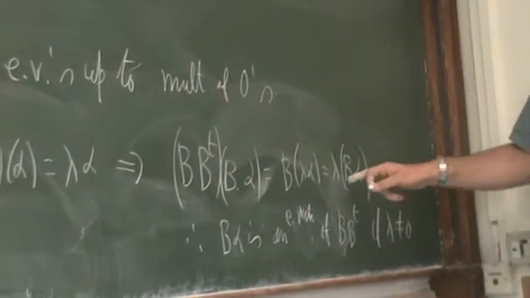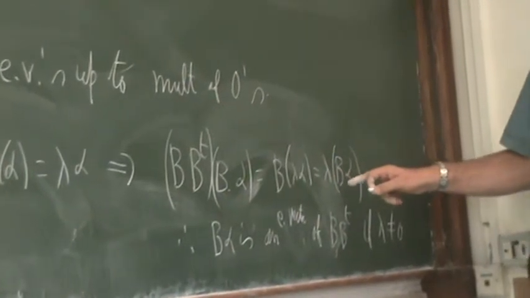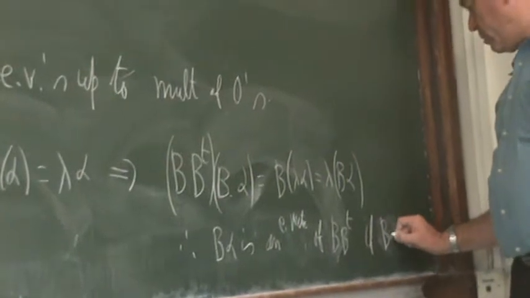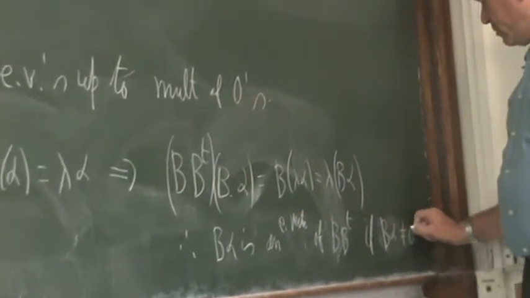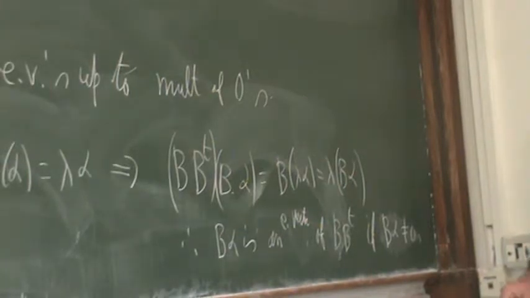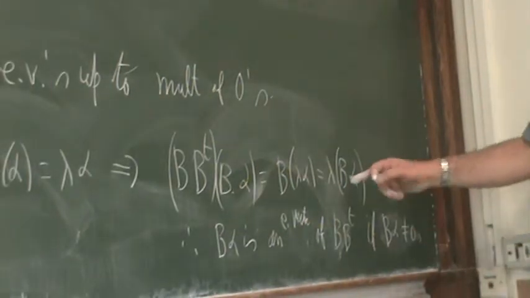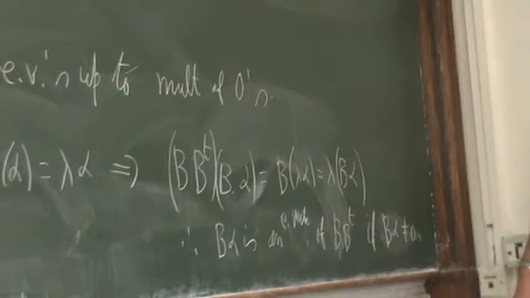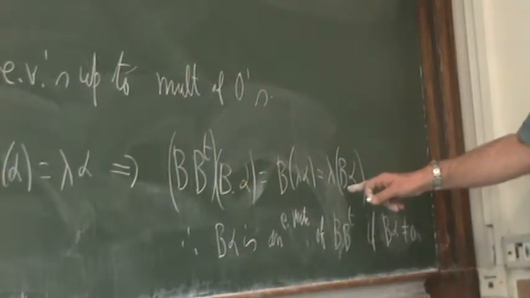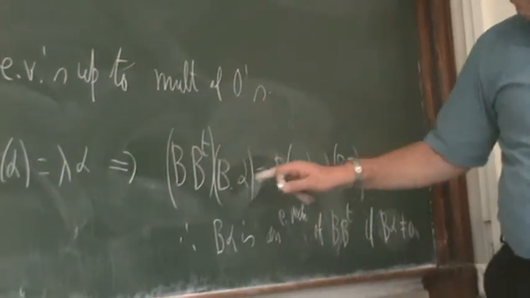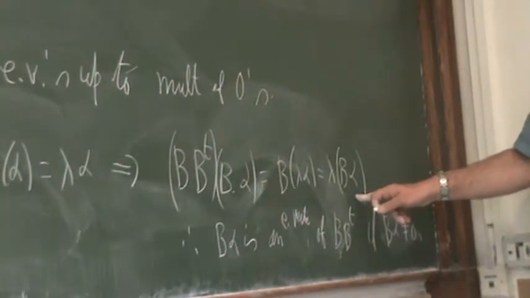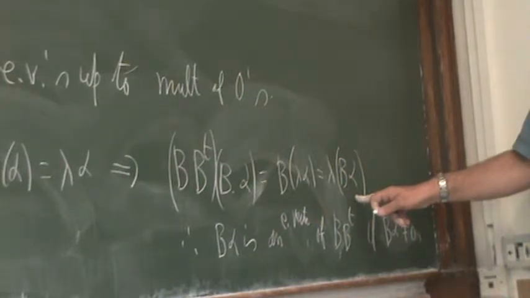Well, more precisely, it is an eigenvector if B alpha is not zero. It's possible that B alpha will be zero, and we don't count the zero vector as an eigenvector. If it's not zero, then BB^T of B alpha is lambda B alpha, which means that this is an eigenvector with eigenvalue lambda.